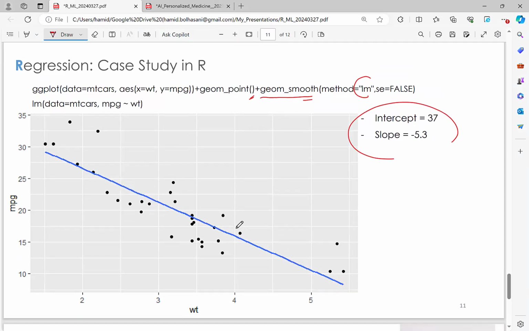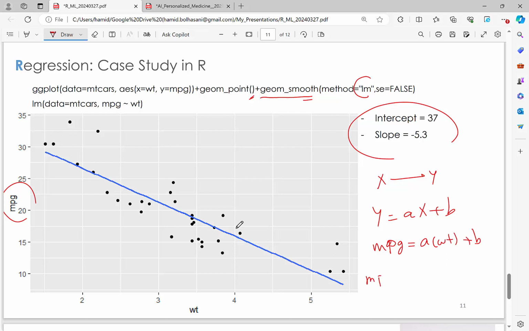We want to check the effect of x on y. So y equal to ax plus b. Here y is miles per gallon, mpg, equal to a times x, where x is weight, and b means intercept.